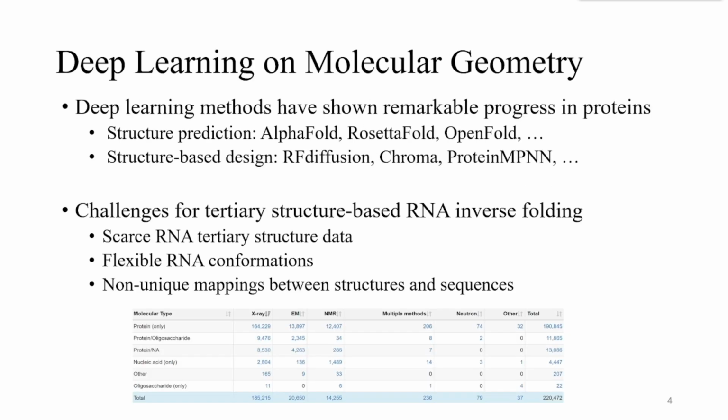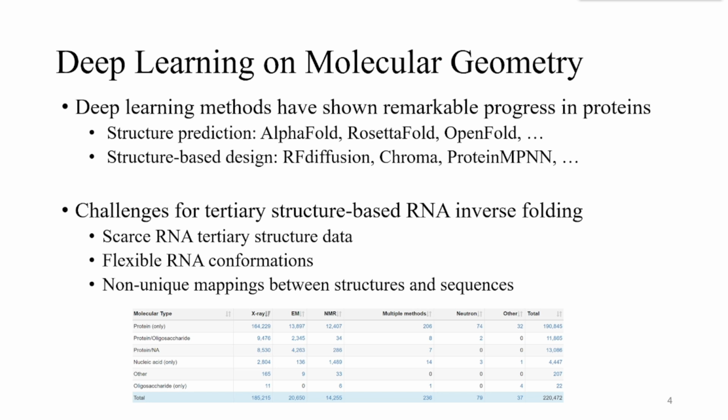Considering the shortcomings of these methods, an impressive idea is to apply deep learning to this problem. Thanks to recent advances in deep learning and the accumulation of biomolecular structural data, deep learning shows great potential in molecule design, in fields like protein structure prediction and protein structure design.